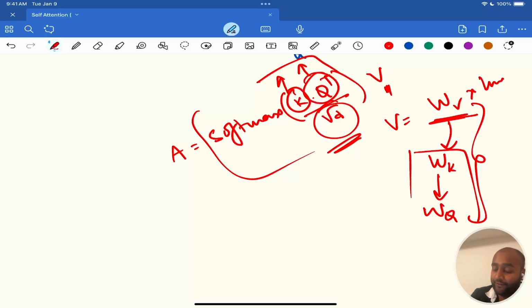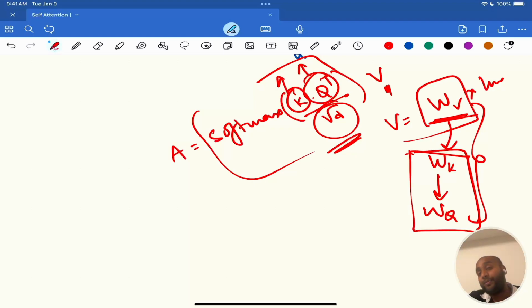I'm telling this for our understanding: WK and WQ are responsible for identifying semantic relationships, or how the tokens attend to each other. Basically, these matrices are optimized for computing attention scores. And the value matrix is optimized for predicting the next word.